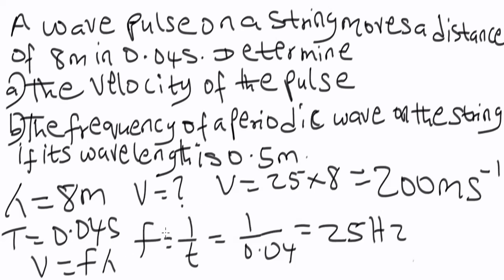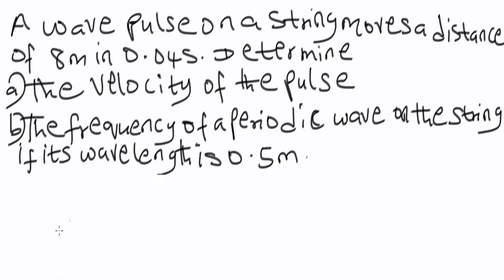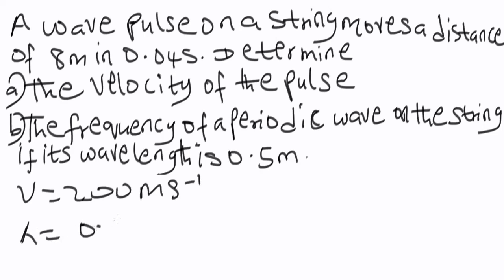Now let's wipe below and solve part B. This time around we are looking for the frequency, and remember we have got the velocity to be 200 meters per second, and in this question we have the wavelength, that's lambda, to be 0.5 meters. The frequency is unknown. So we still make use of this formula, V equals frequency times lambda.